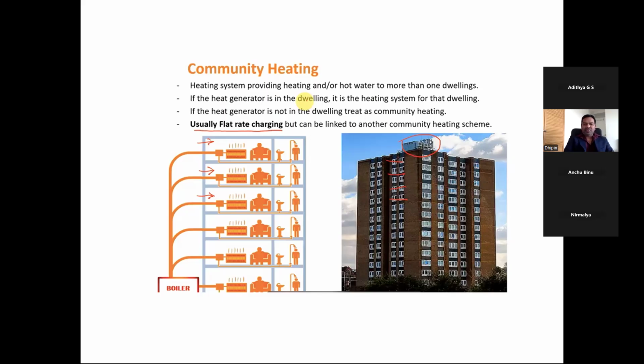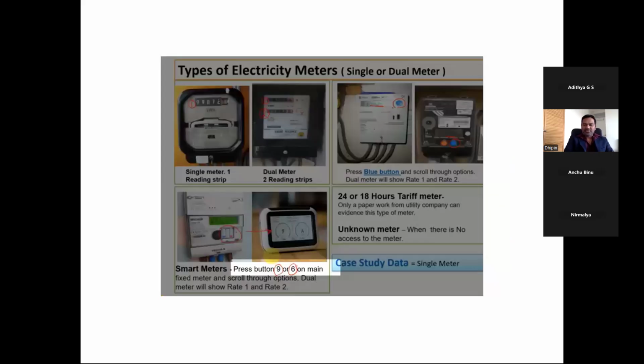And there are many common areas, a common boiler for all the shared areas in a building like this. So each house will have a different boiler, and there will be a common boiler as well for the whole building.